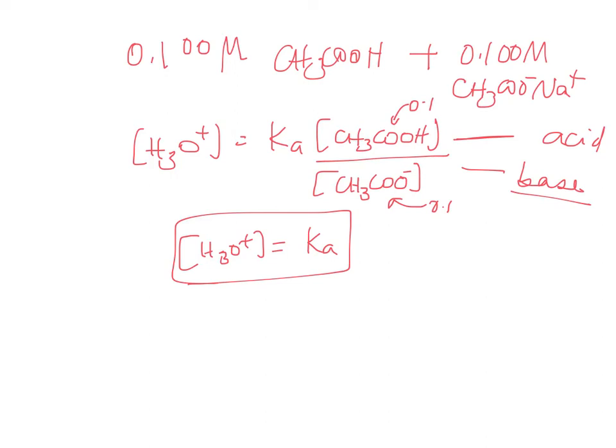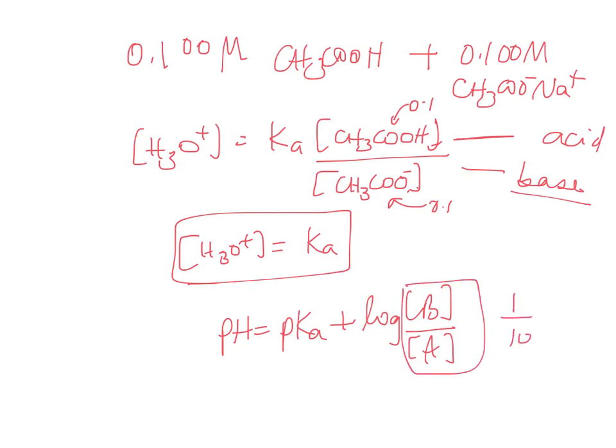What would happen if these were in a ratio, maybe 1:10? That is when, in terms of the Henderson-Hasselbalch, which is pH is equal to pKa plus log of base over acid. So if these were in the ratio 1:10, then you can perhaps envision that you would be reducing the pKa by 1 unit to be able to get the pH.